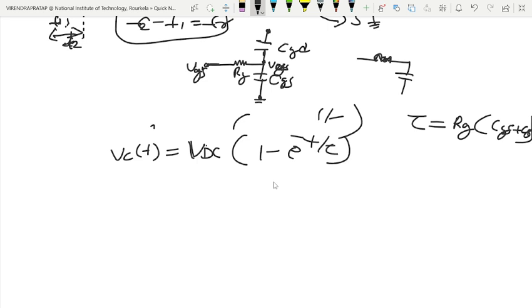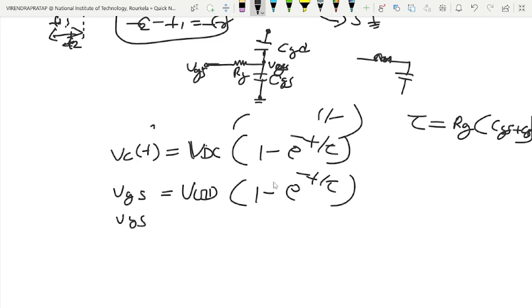We know very well here is VGS into 1 minus e to the power minus t by tau. I am taking by this one.